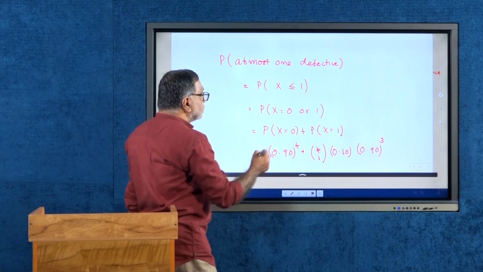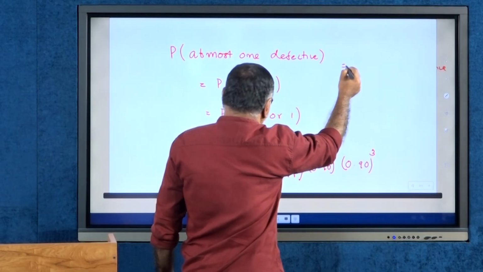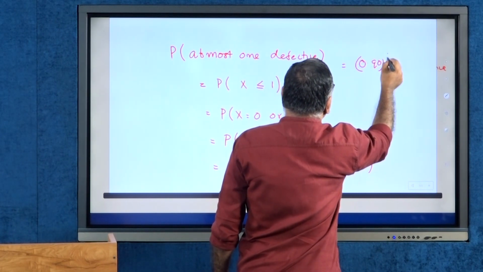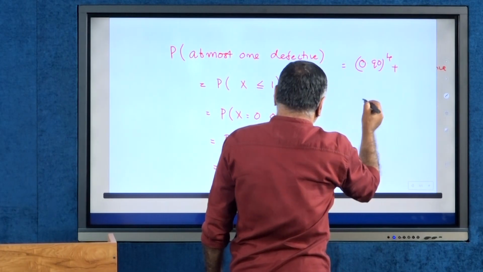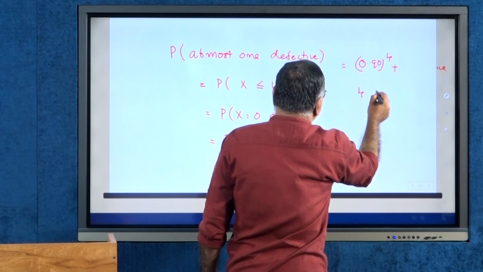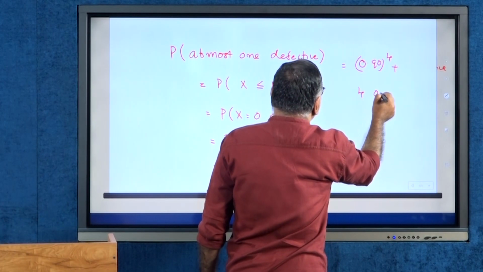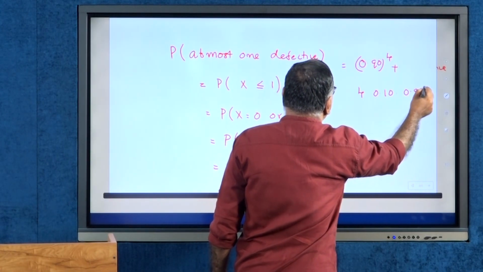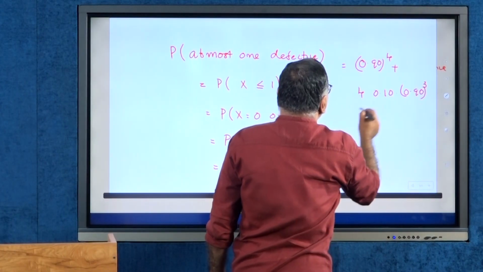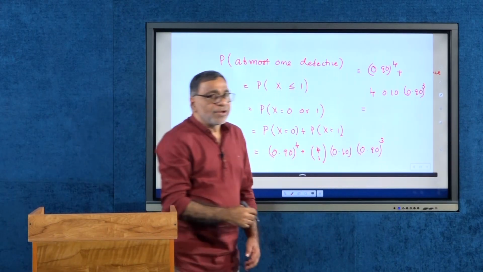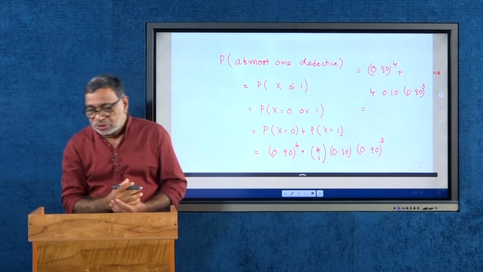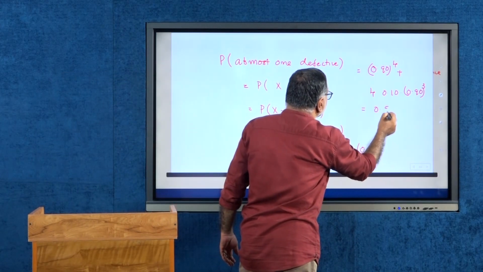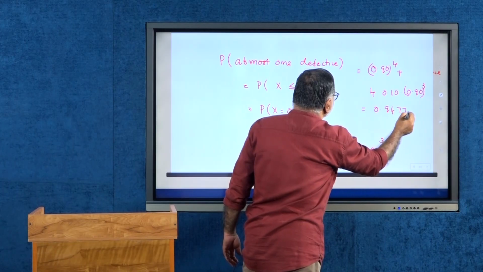So this is equal to 0.9^4 plus 4 into 0.1 into 0.9^3. And simplifying that expression, this is equal to 0.9477.